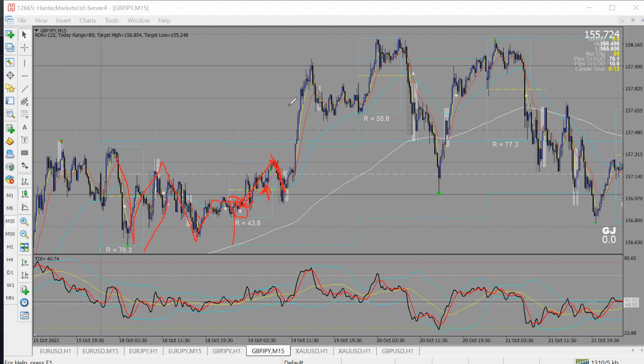The next rule is what? Nice. The next rule is wait for price to bounce or trap.